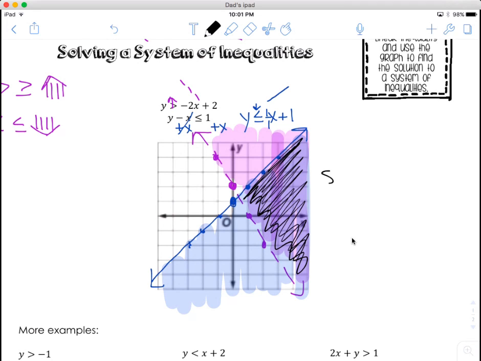So the shaded area of both is the solution.